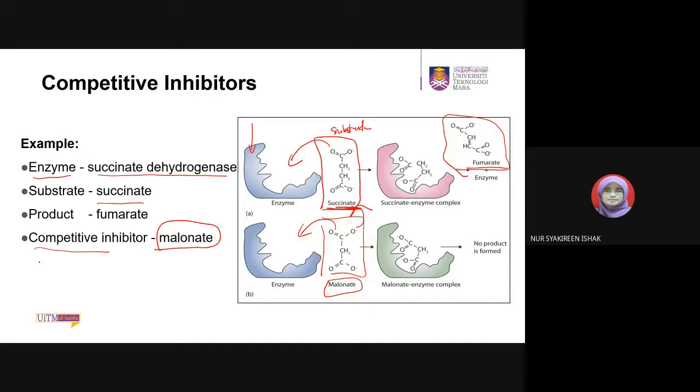So the binding of malonate to the active site of the enzyme produces this malonate enzyme complex and stops the reaction, or slows down the reaction. And if the reaction is stopped, so no product produced. If the reaction is slowed down, so less product will be produced.